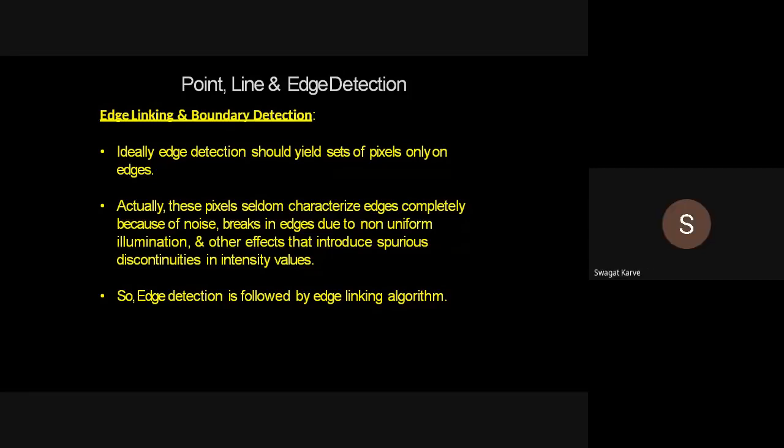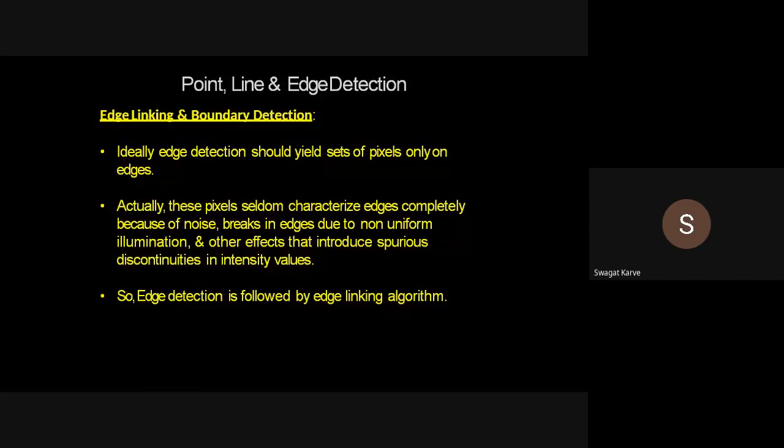Why? Because edge is the high frequency component. Absolutely right. Always remember, in case of point detection or line detection, you can sometimes use a low pass mask also, depending upon your application.